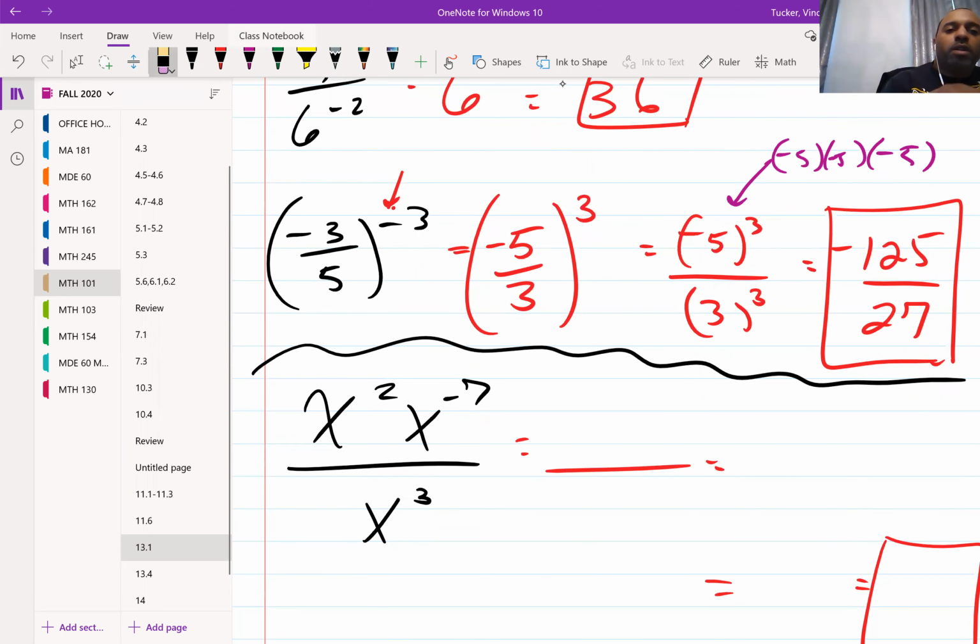This negative right here is going to cause us to flip the fraction. The square is still there, it's just no longer negative. Then we have 5p squared q over 2p to the 4th q to the 3rd.